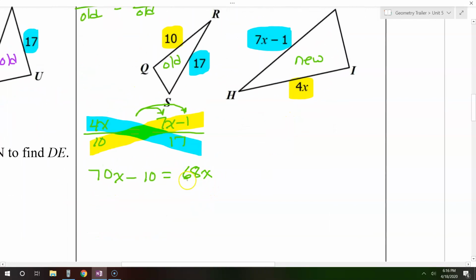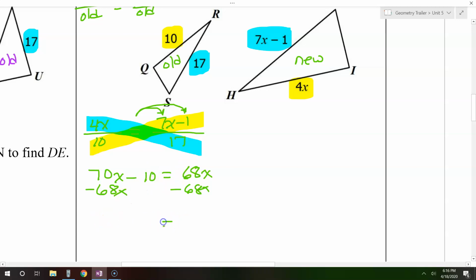Wow. Normally I would subtract the 68x from both sides because I always like to keep my x values positive. The only reason I'm not going to do that is because a lot of students get confused. If I subtract away the only thing that's here, they freak out and they don't know where to put the equal sign. The equal sign disappears.